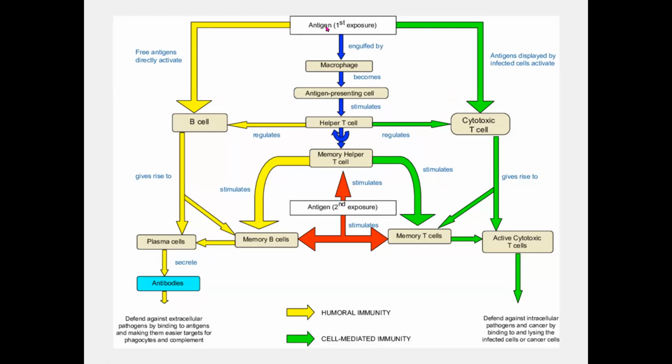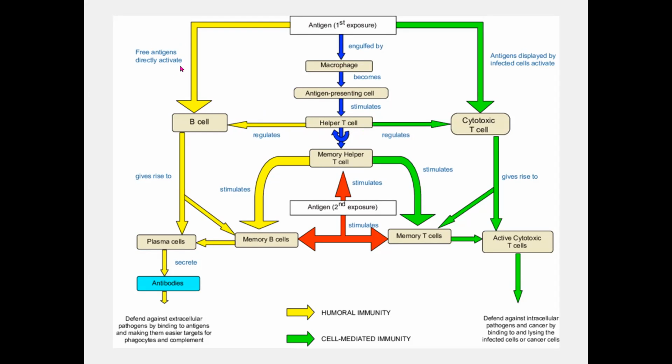So you've got the antigen. It's engulfed by a macrophage, a large white cell. It becomes an APC, an antigen presenting cell, and passes to a helper cell, a B cell.